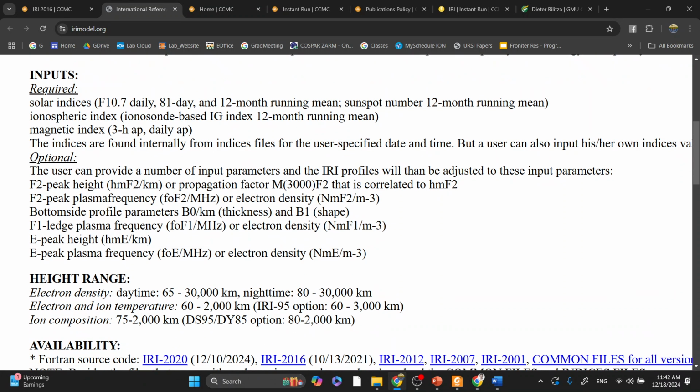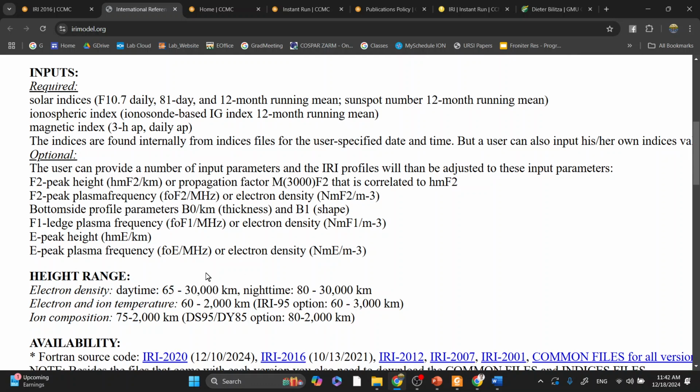Then they have optional values you can put in. For example, you can put in hmF2 or F2 peak height. You can put foF2, you can put the bottomside profile parameter B0, you can put foF1, which we have not used much. You can put E peak height, and so on.